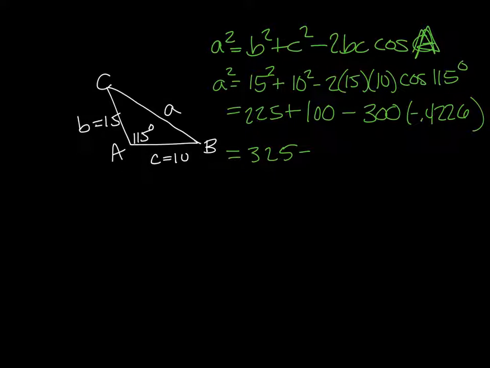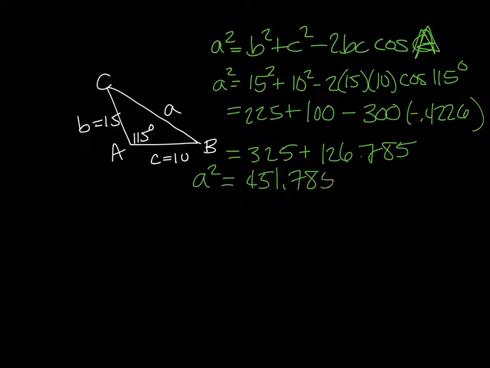Okay, so that's going to be a plus actually, because I have a negative times a negative. So plus 126.785. Let me fix that on my calculator. I add that to 325, and I get that A squared equals 451.785.